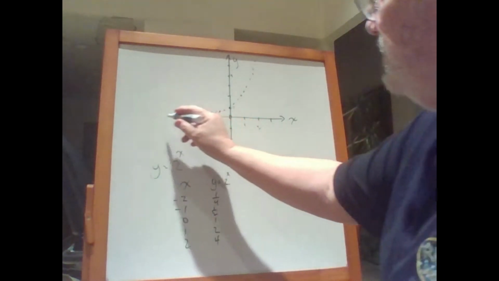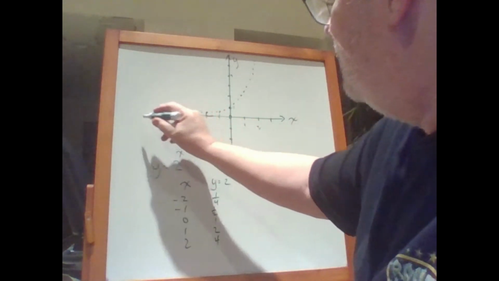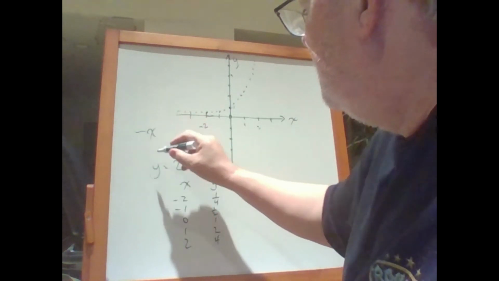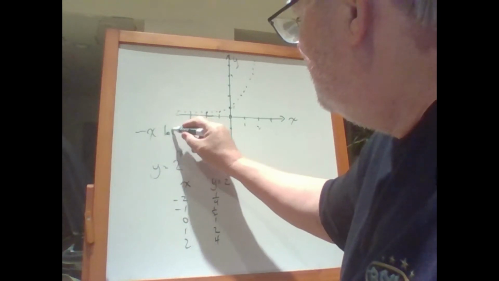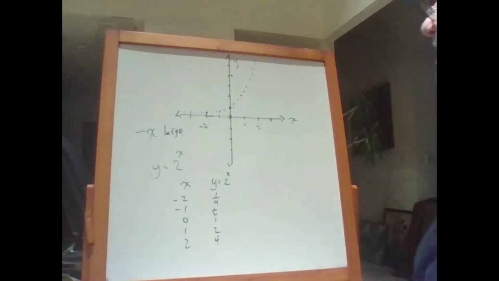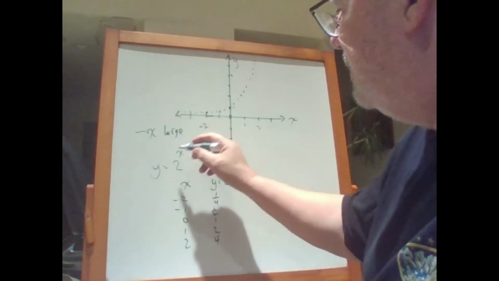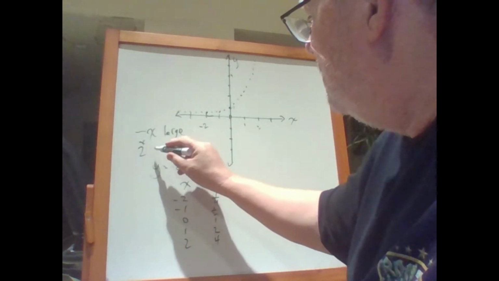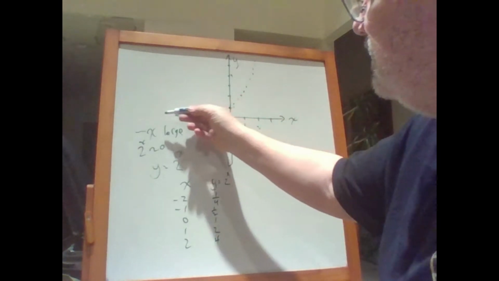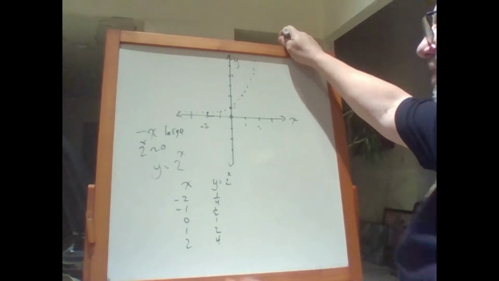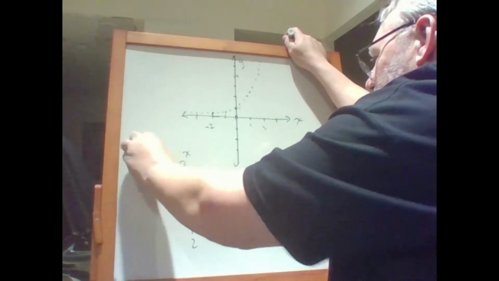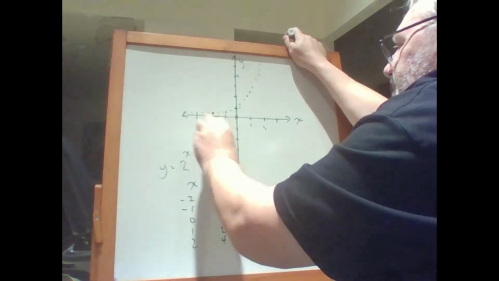It never gets to 0, but it gets close to 0 when x is a large negative. 2 to the x is almost 0. It never gets to 0. We say it asymptotically approaches 0. Only when x is infinity, and x never gets to infinity, is the function 0.